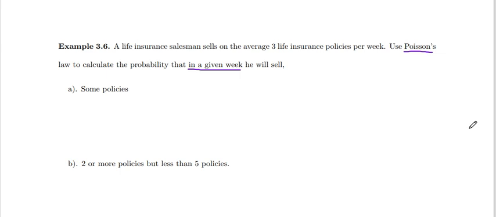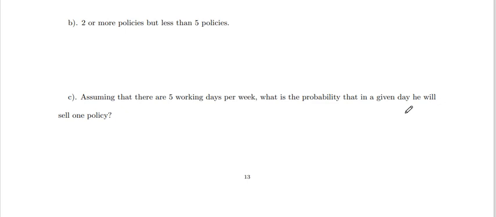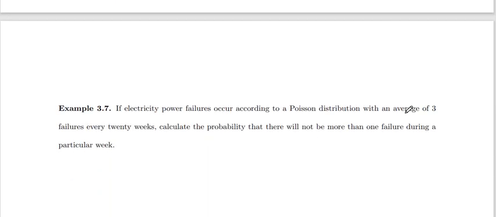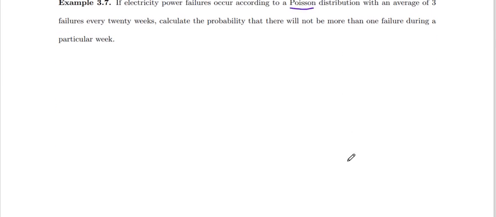If you are an insurance salesman, selling one policy is a good thing happening. So during one week, how many good things can happen? This is a Poisson distribution, right?